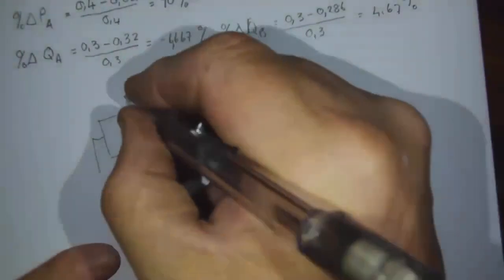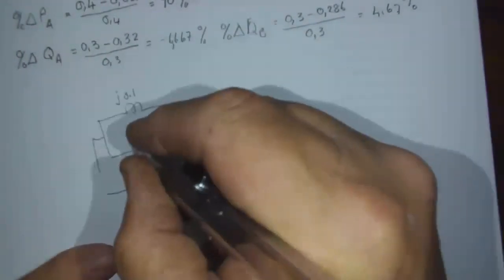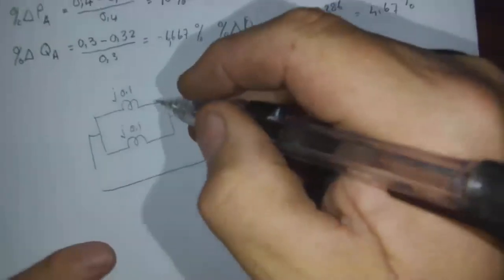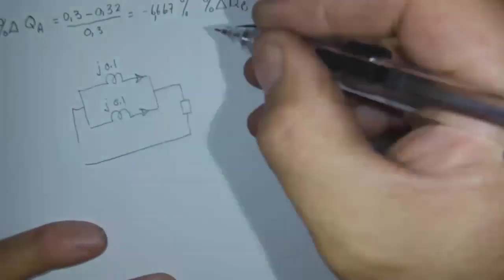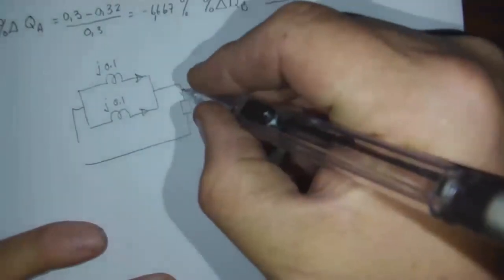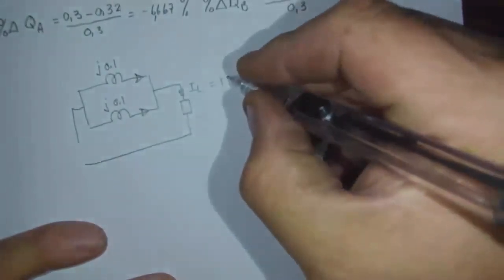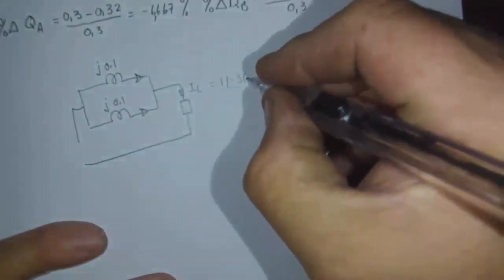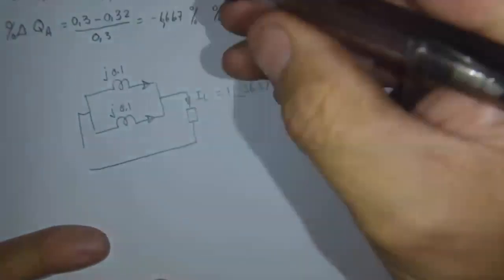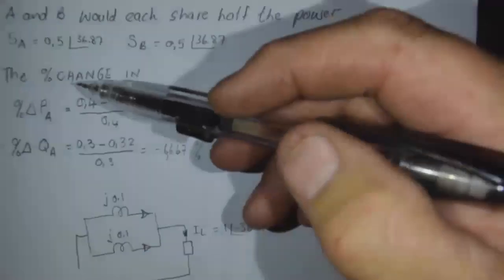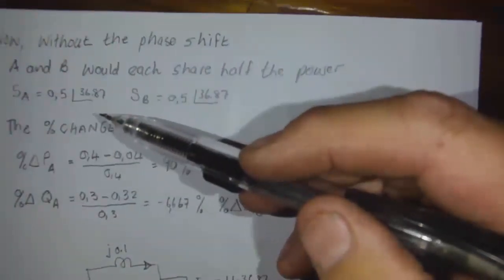Because the impedances were the same, each one would take half of the current. If that was I load, which was 1 angle minus 36.87, now each one is going to take 0.5 at an angle of minus 36.87.